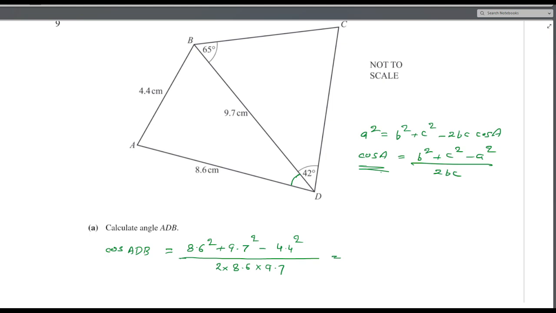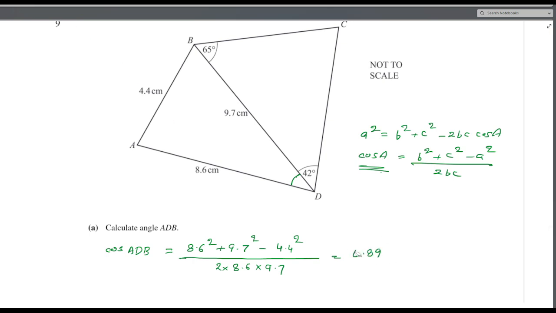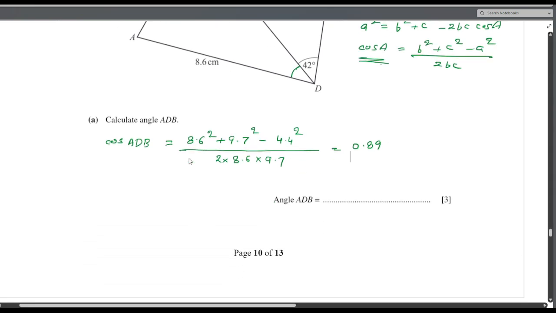So cos of ADB is 0.89. I am writing this just for the calculation.